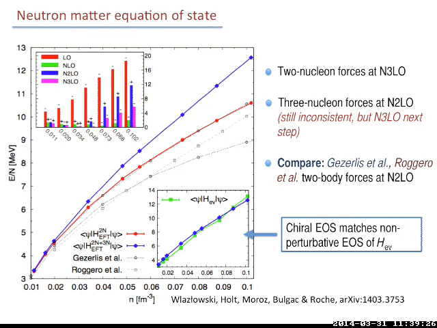Also, Rogero et al. recently studied an N2LO two-body force calculation of the equation of state using different Monte Carlo methods. This is what they obtained using two-body forces only. So I would say we're all relatively consistent in the two-nucleon force sector, but then we also have these additional three-body forces, which give, as you can see, sizable repulsion, even below nuclear matter saturation density.